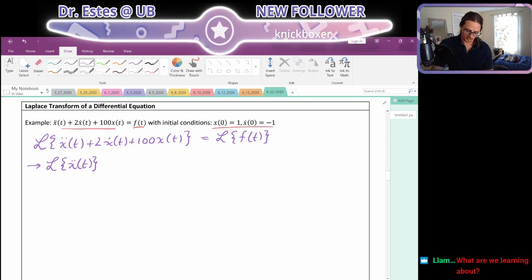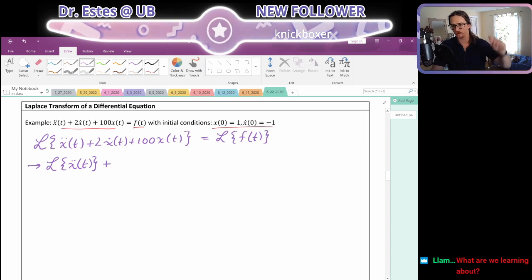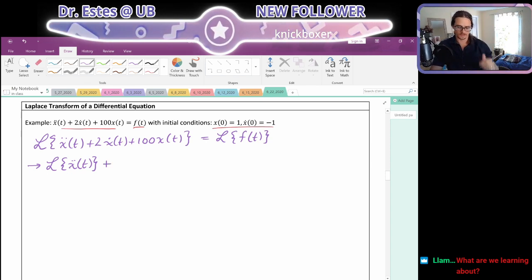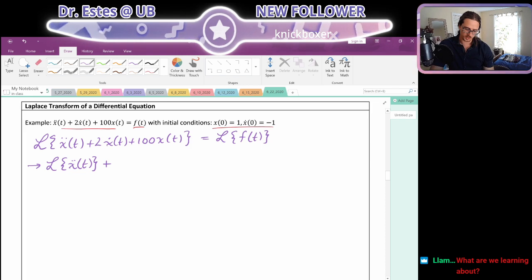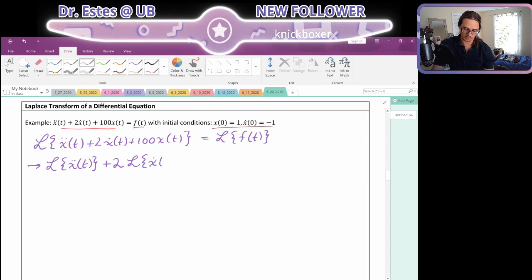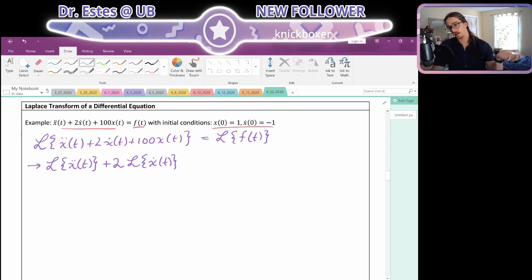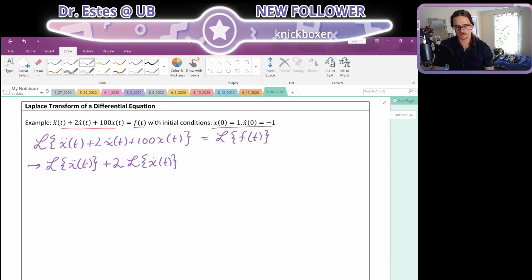So this Laplace transform on the left-hand side, it's the same as taking the Laplace transform of the individual parts and adding them up together. And this, like, 2 times x dot of t, you can pull that outside of the Laplace transform. Because the Laplace transform of a constant, you just get back the same constant.